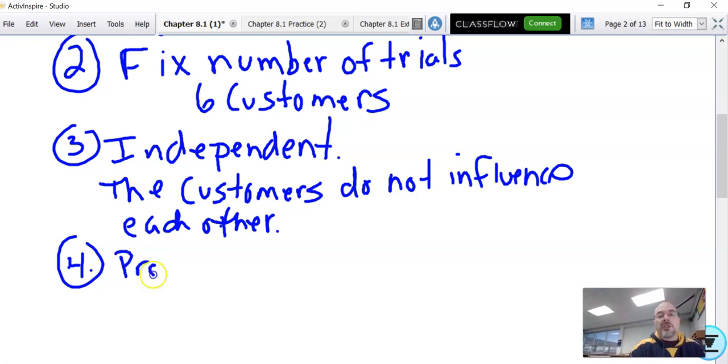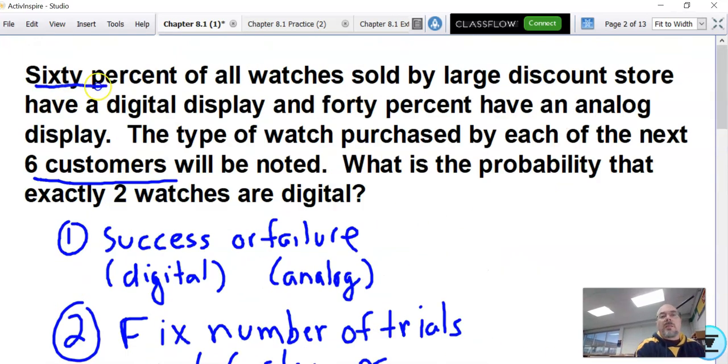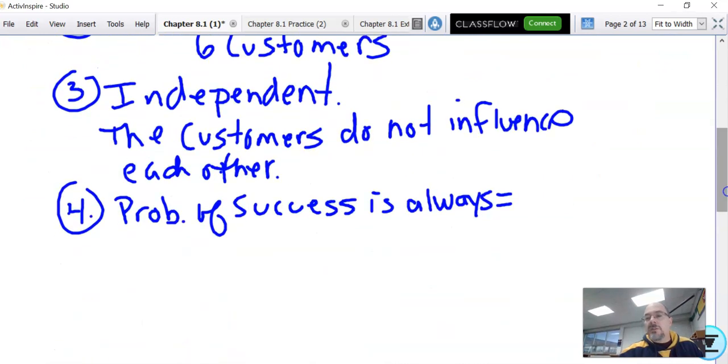So in this situation, ladies and gentlemen, the probability of success is always equal to 60%, okay? And remember, we never work directly with the percent. We always work with the decimal.